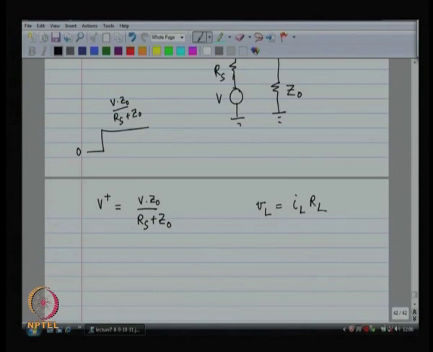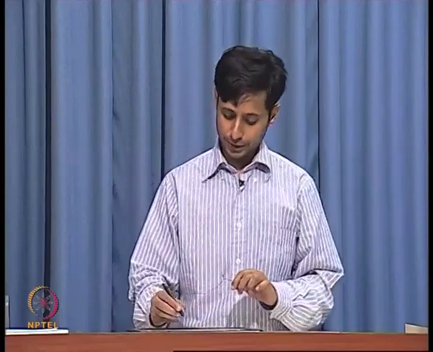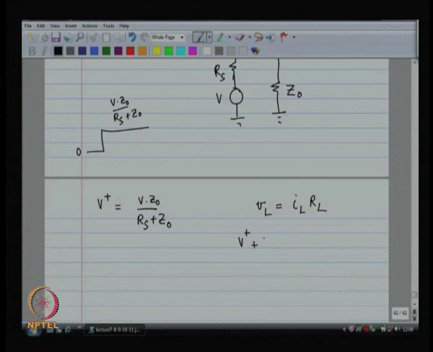Okay. Now, on the load, the voltage is equal to the current times the resistance, the load resistance. This is coming directly from Kirchhoff's law. This voltage at the load is going to be in general equal to V plus V minus, forward moving wave plus a backward moving wave, and the current is going to be equal to the sum of a forward moving current and a backward moving current.